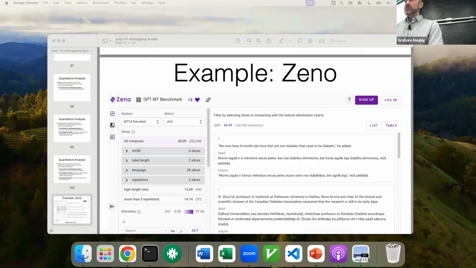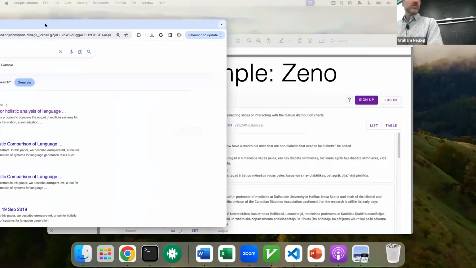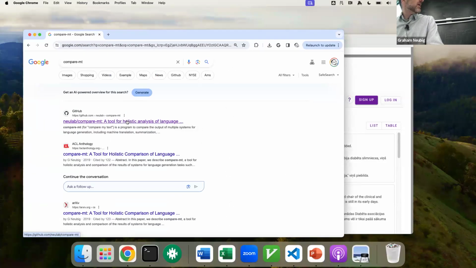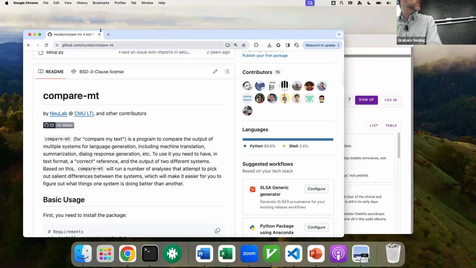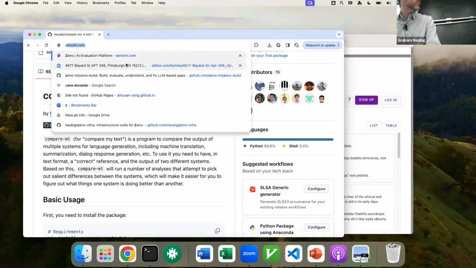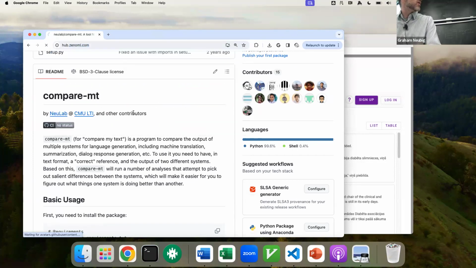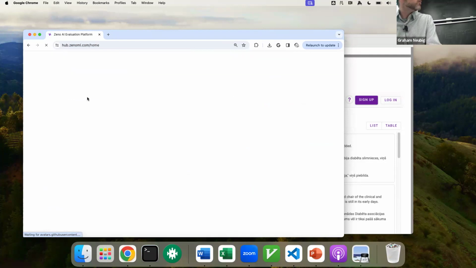The first thing I had was a super hacky script that basically writes out HTML files. Then I had something called Explainaboard, where we had a leaderboard. And recently, one of the things I've worked on, together with Alex Cabrera, who's a student here, is this toolkit called Zeno.